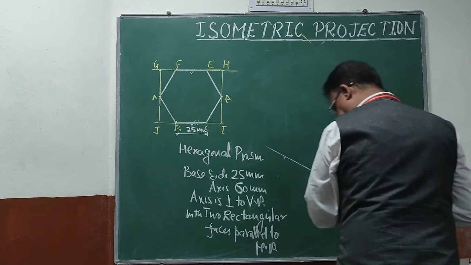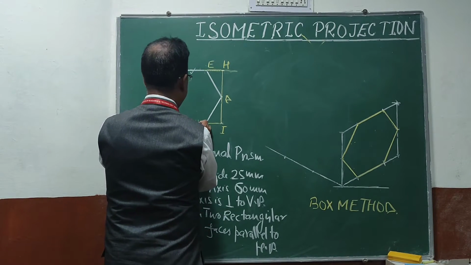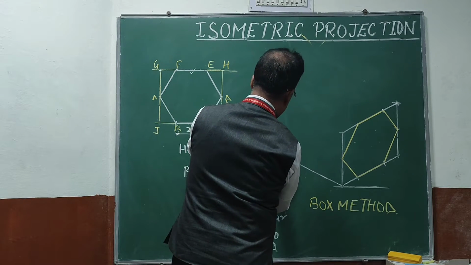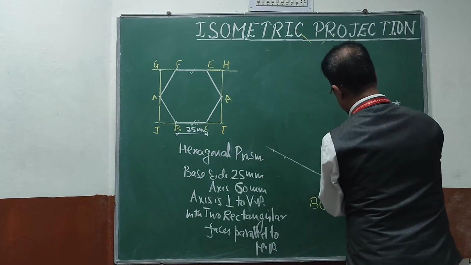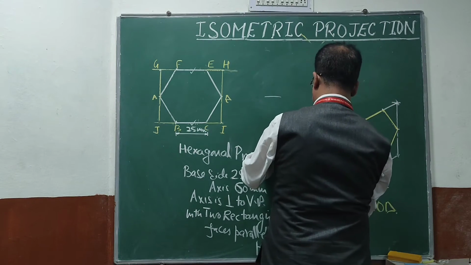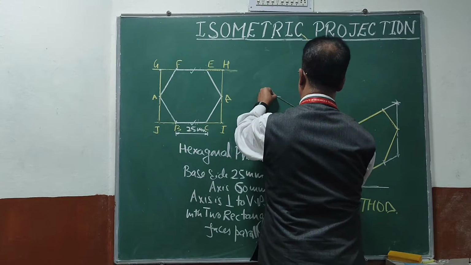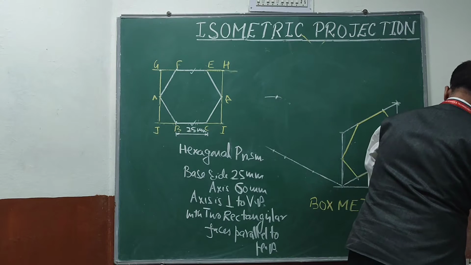I require 10 mm more, so I am picking 10 mm from this figure. So this will be 10 mm. This is 60 mm. Then this length and this 60 again. From here I can mark this 60.